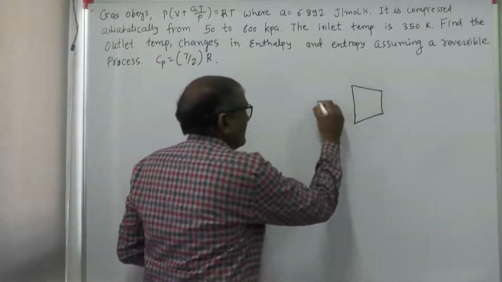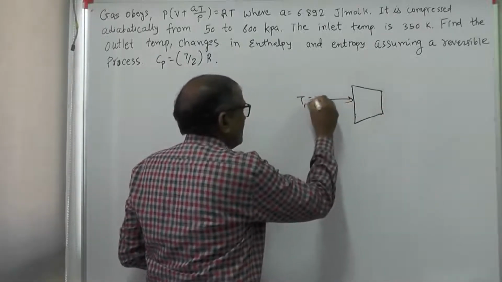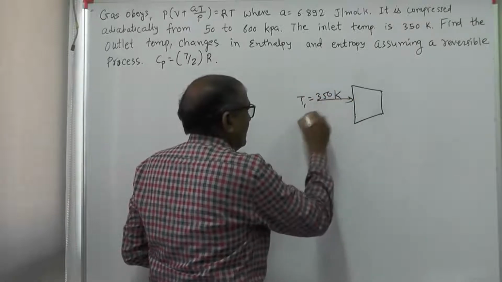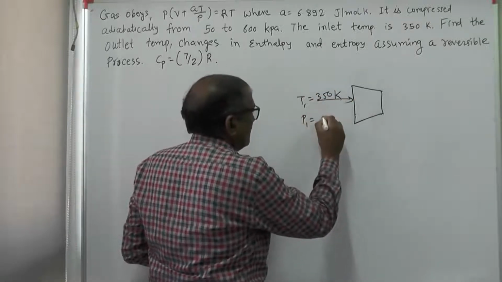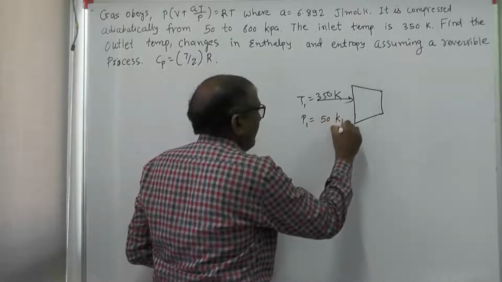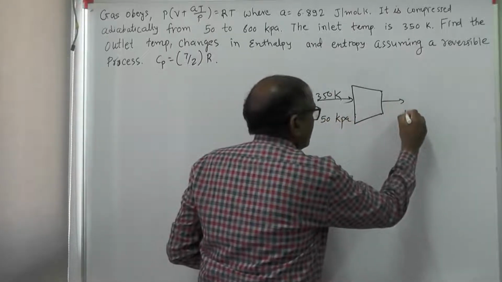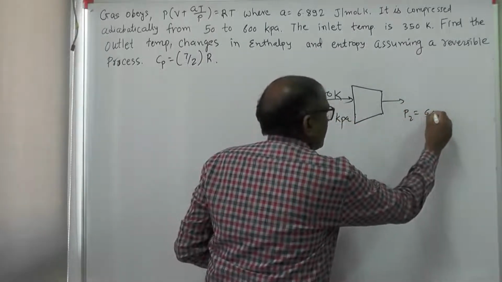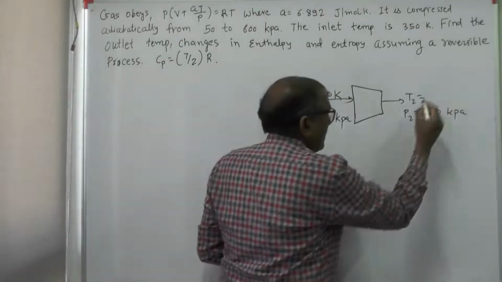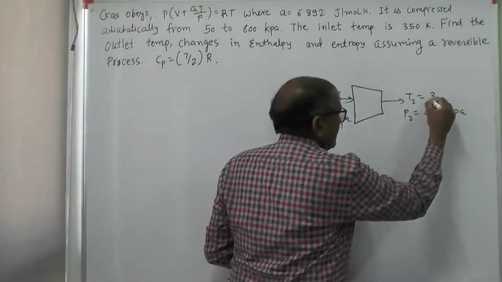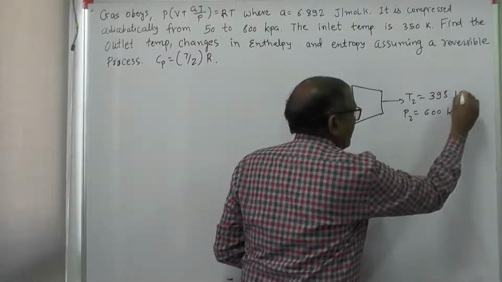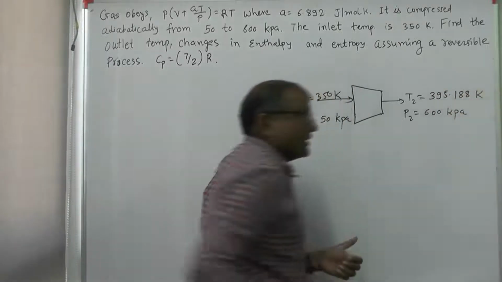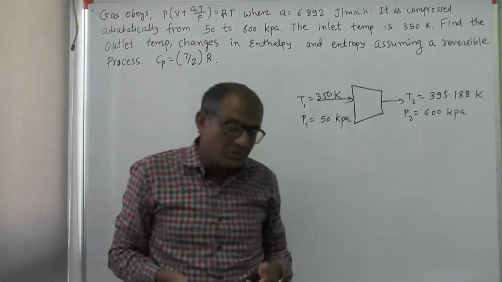In this case inlet temperature was 350 Kelvin, inlet pressure was 50 kilopascal, outlet pressure was 600 kilopascal. The outlet temperature is 395.188 Kelvin that we have calculated in the previous problem.